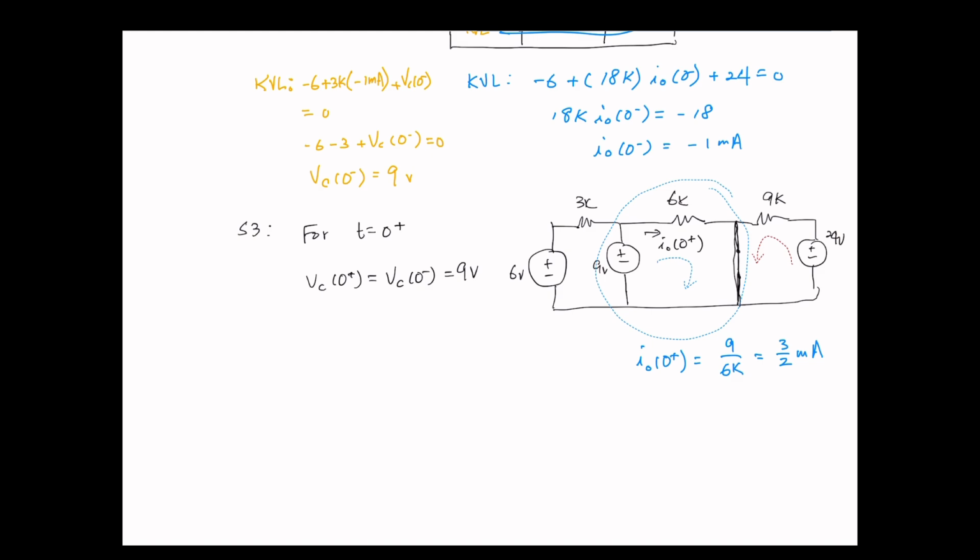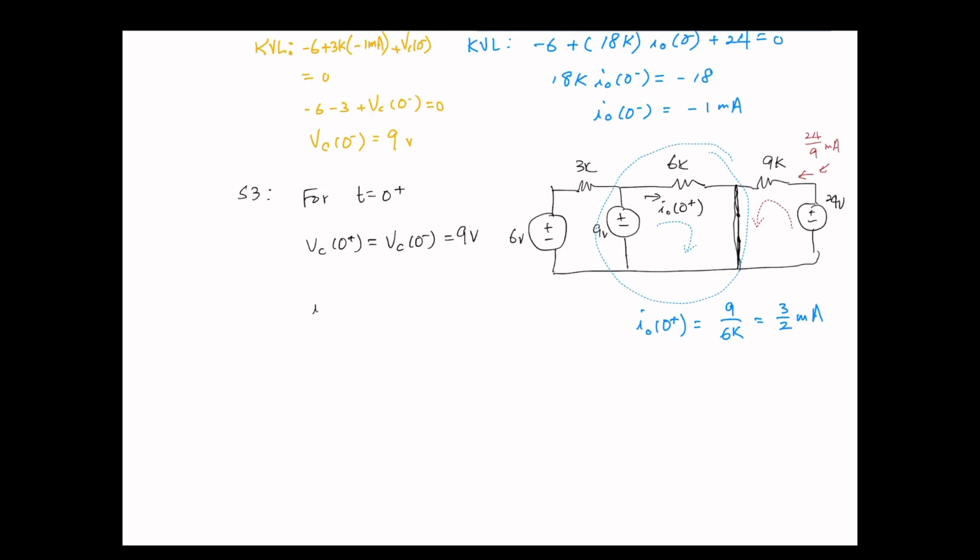They have their own current going through it. The right hand side in the red dotted line, the current is going to be 24 over 9 milliamp, and a similar thing happens on the left hand side. Our focus is I sub 0, 0 plus, so you don't have to worry about any other portion. We have I sub 0, 0 plus as 3 over 2 milliamp.